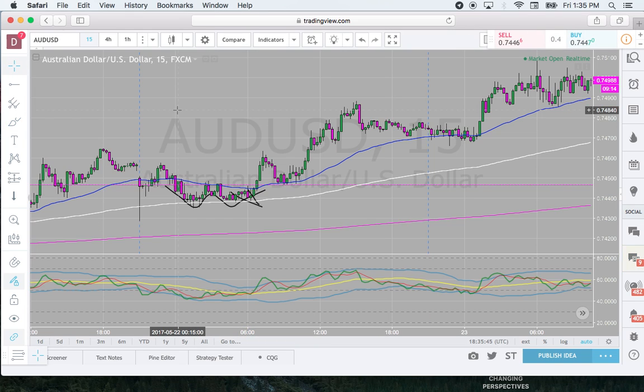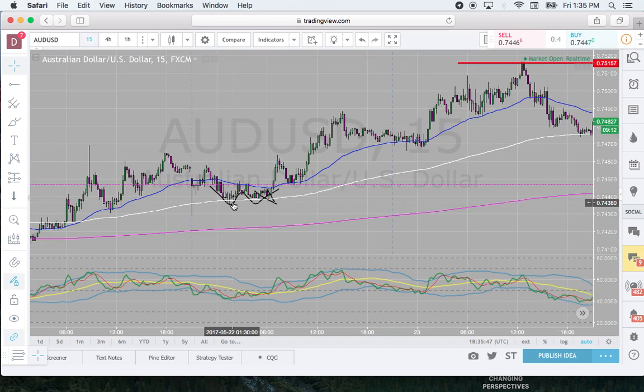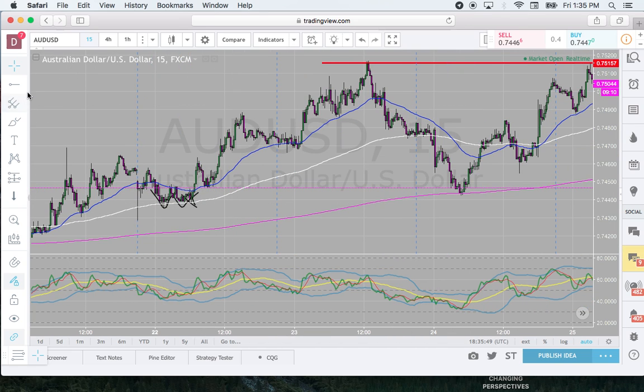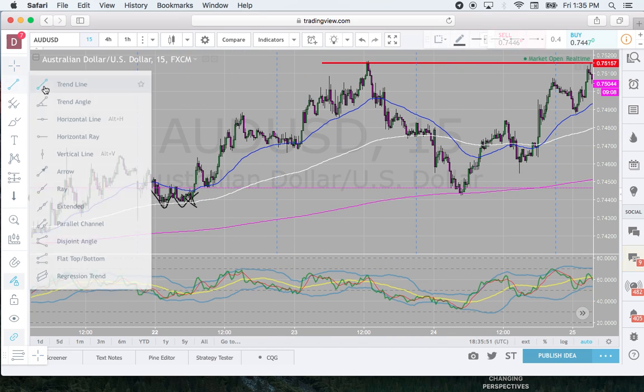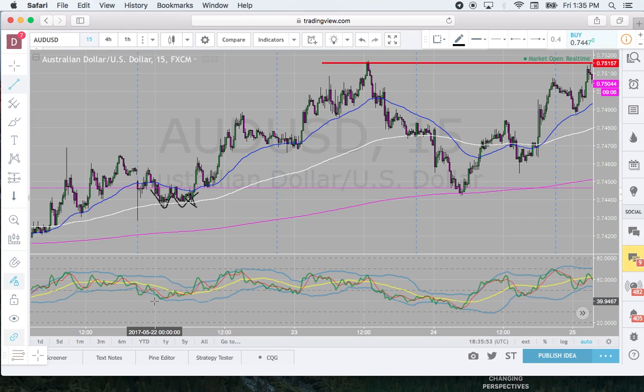And if we're using TDI, we can also see there was some divergence. And the divergence basically helps us understand when price is lying to us.